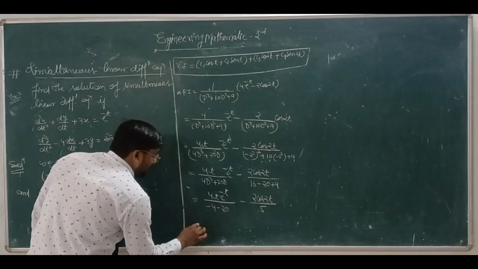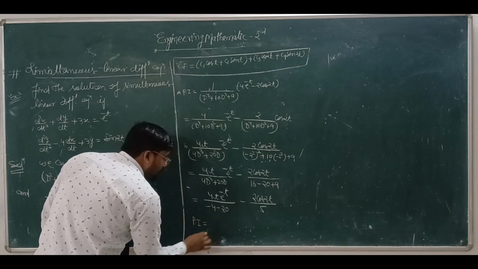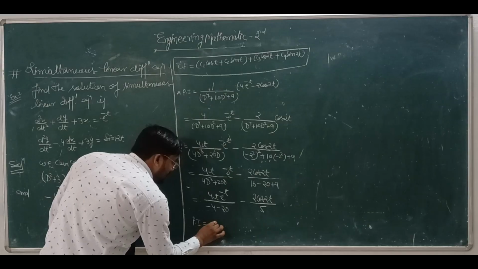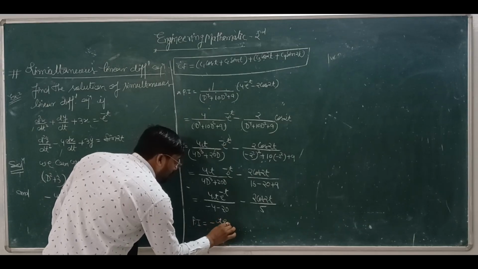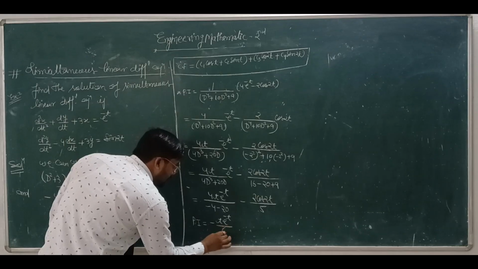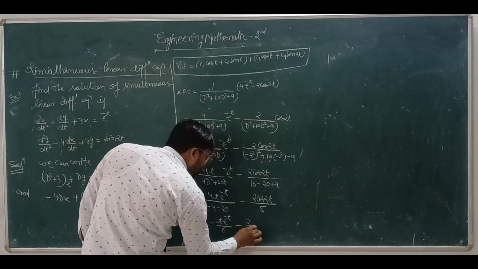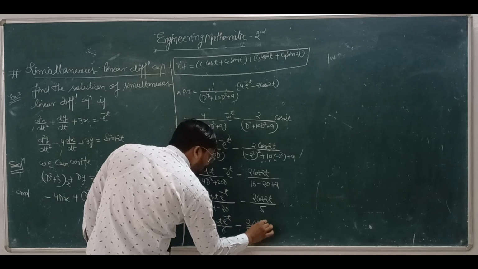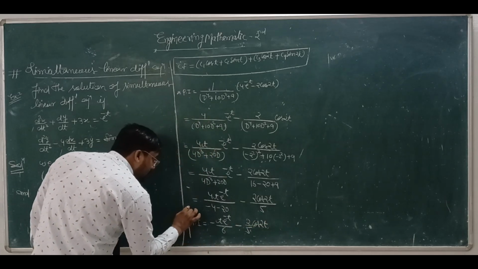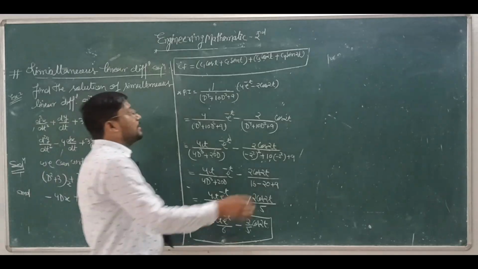Now you can write PI is equal to minus t e^(-t) upon 6 minus 2 upon 5 cos 2t. This is your PI.